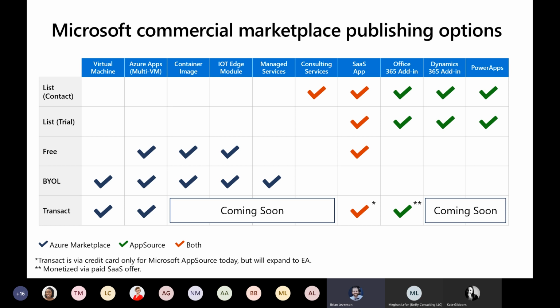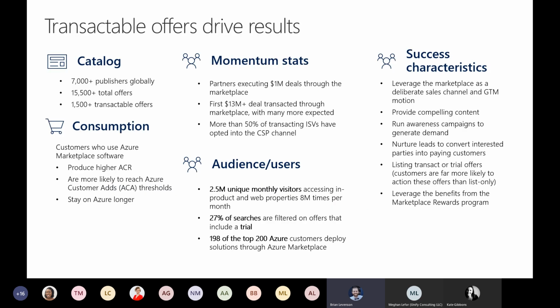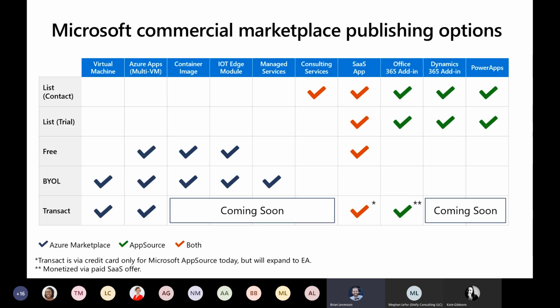And the one stat that I just want to highlight is that we have actually seen multi-million-dollar deals in the $13 million range coming through our commercial marketplace. And so this truly is a method through which large organizations are buying software.